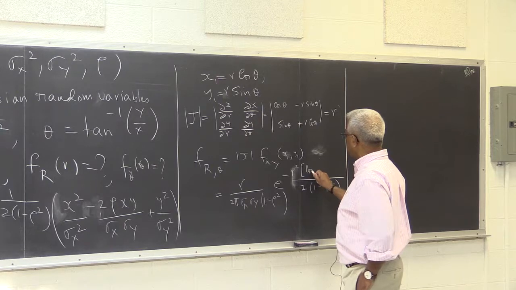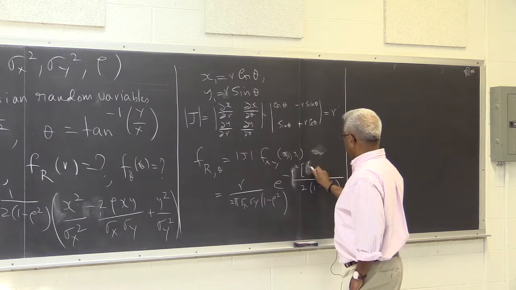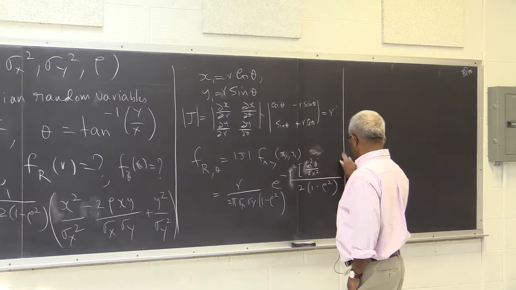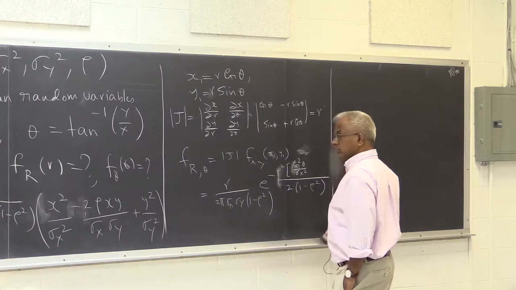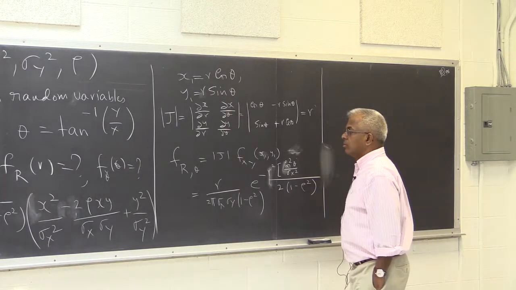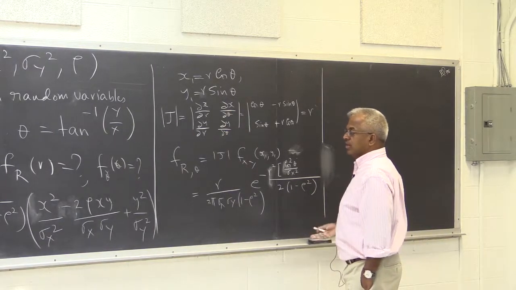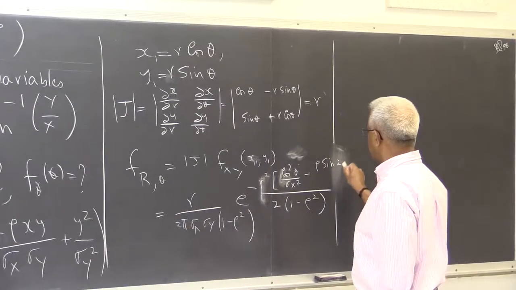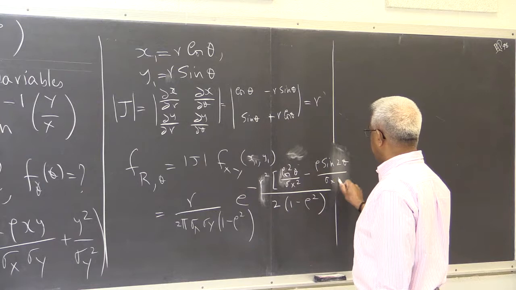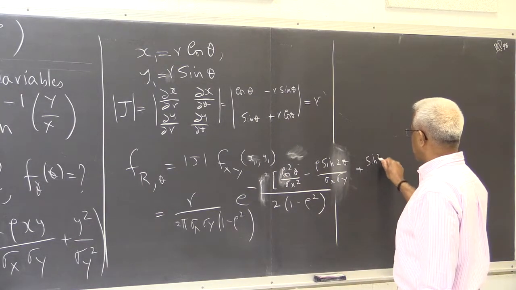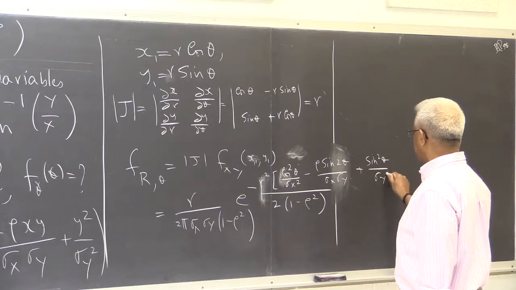Then you have cos squared theta divided by sigma x squared, then minus 2 rho cos theta sin theta, so that's minus rho sin 2 theta over sigma x sigma y, plus sine squared theta over sigma y squared.